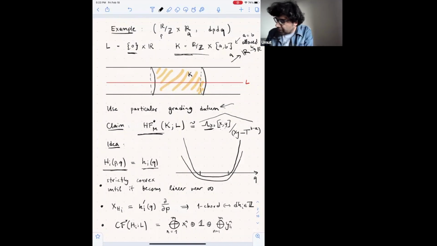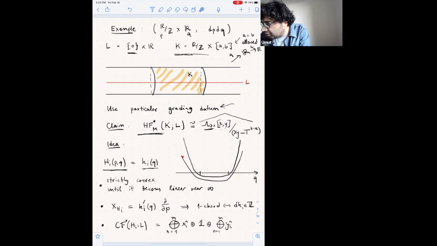Okay, and now drawing the graphs of these little h_i, they are of course negative on this interval, which is the image of the finite cylinder that I fixed, and they grow as you leave the boundary of this interval, and they do so in such a way that they're strictly convex, until they become linear in these regions.